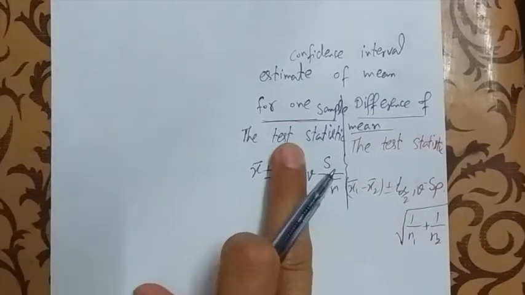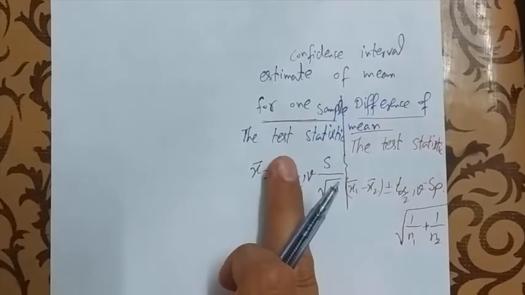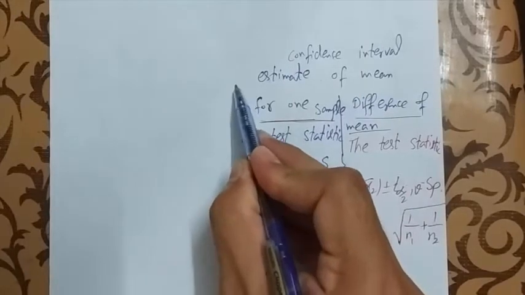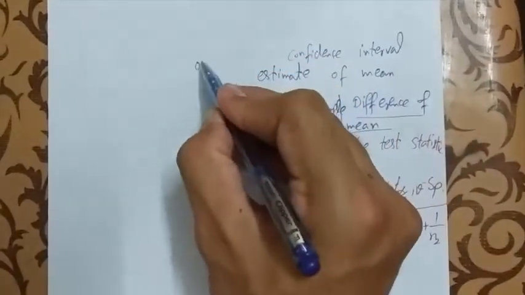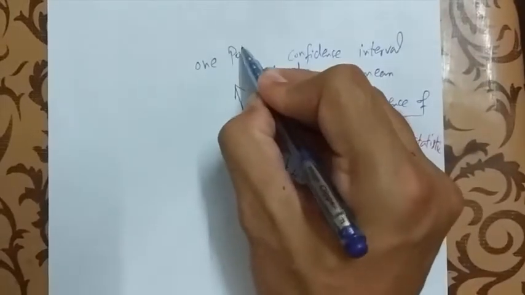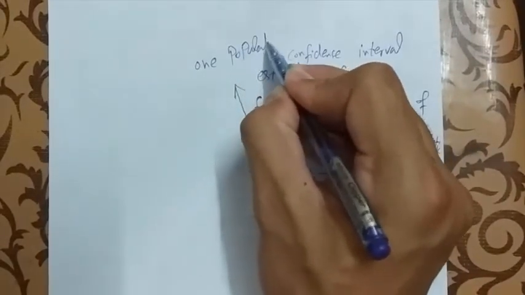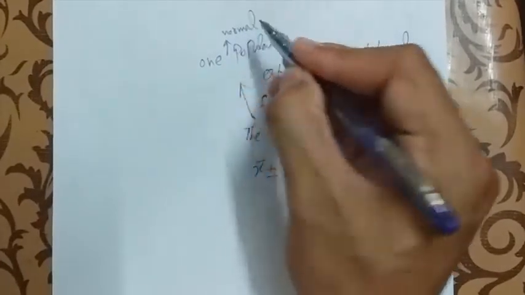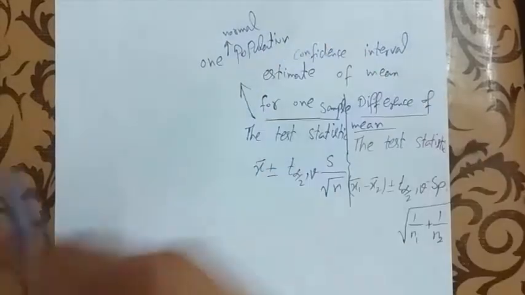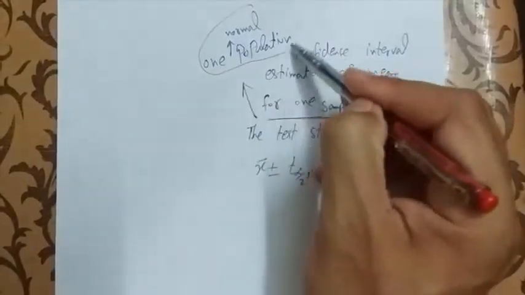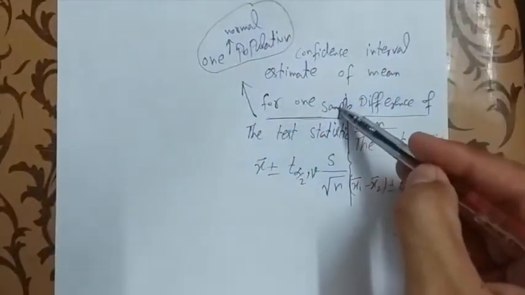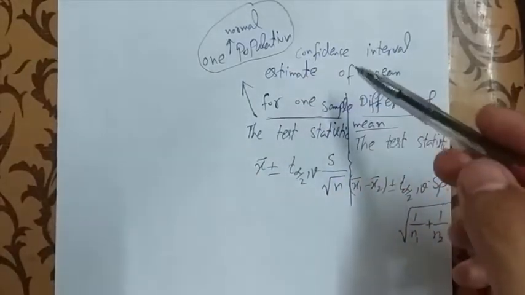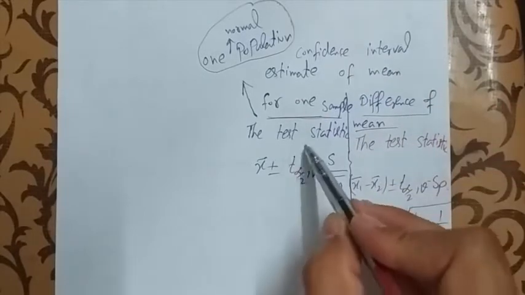Students, for this sample, first of all we have one normal population with one population variance, and we take one sample, and after taking the procedure we obtained this test statistics.